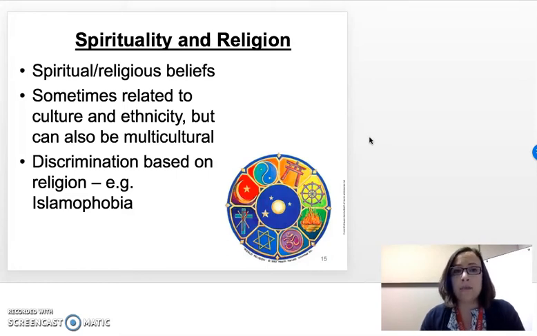A current example of religious discrimination that we see quite a bit of, unfortunately, today is Islamophobia. And that is, of course, directed at members of the Muslim faith or the Islam faith. Unfortunately, there are a lot of really tragic things that are happening, and a lot of misconceptions about what it means to be a member of the Muslim faith.